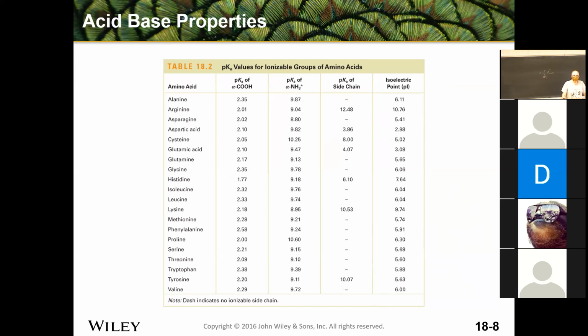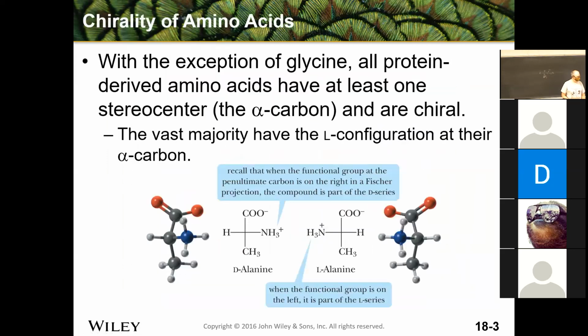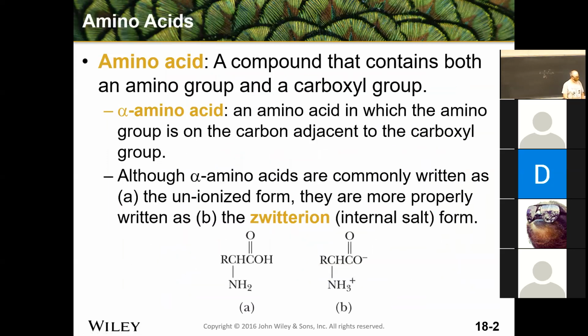Okay, what this is, let's back up here, is the pH at which the zwitterion is the dominant species. Okay, if we lower the pH, if we make it more acidic, nothing will happen to this, but this will accept a proton.